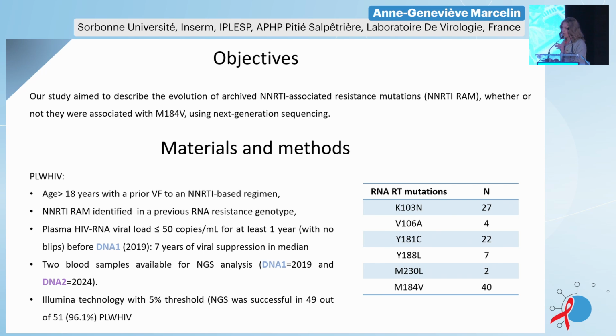Overall, we had RNA genotypes with different kinds of NNRTI mutations, such as 103N, 106, 181, 188, 230, and among the 59 patients, 40 had the 184V in addition to the NNRTI mutations on the RNA genotype.